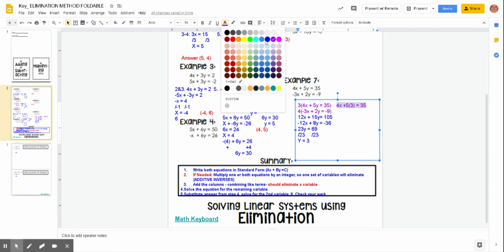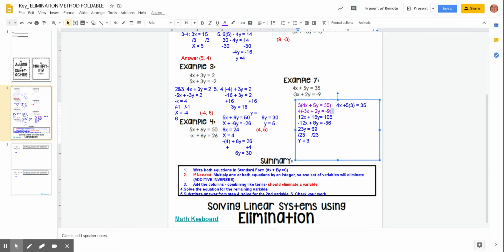I'm changing that back to blue real quick. And so when I do that math, I still get 4x. 5 times 3 is 15. Still have 35. I'm just changing the colors back because, remember, we made it purple so we understood that we were doing that double multiplication.